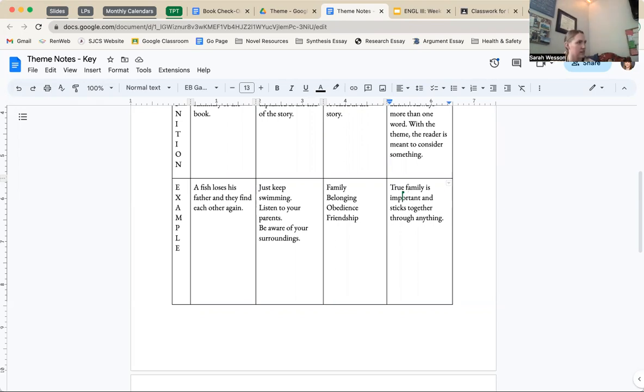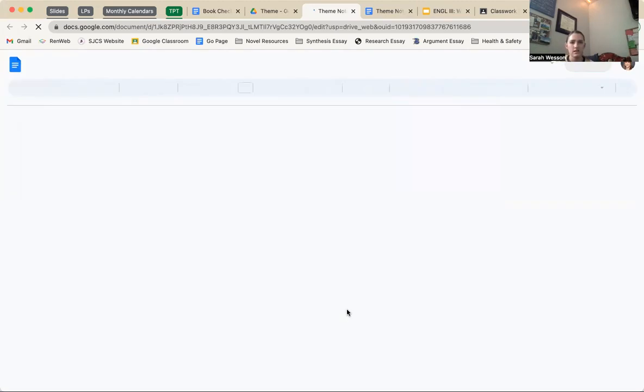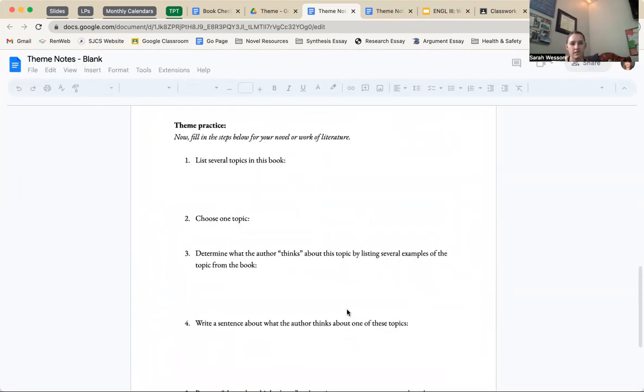And then finally, I'm going to write a sentence about what the author thinks about the topic, and then use this sentence stem to write my theme sentence. Let's do this together for a single shard right now. And then we'll be fine and dandy.